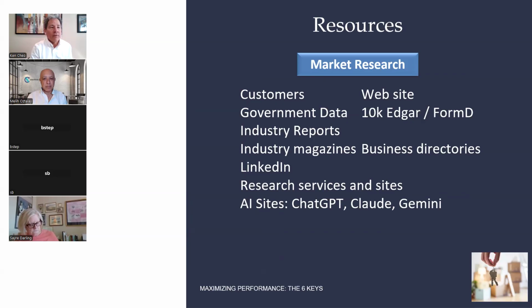Well, if you're getting a private equity investment, you have to submit a Form D to the SEC. Or if you're a public company, you have to file 10-Ks every quarter. That's public information you can get from the EDGAR database. Industry reports. I read the Boston Business Journal. I just want to keep track of what's trending in the different sectors in Boston.